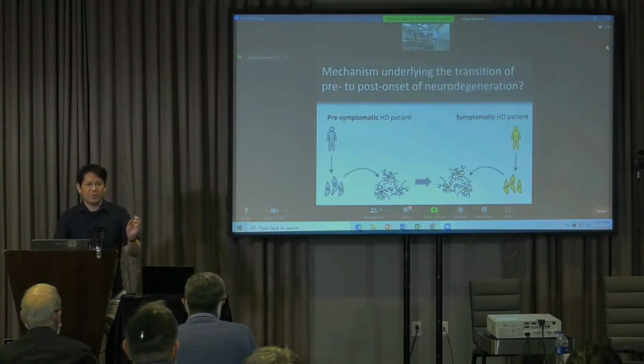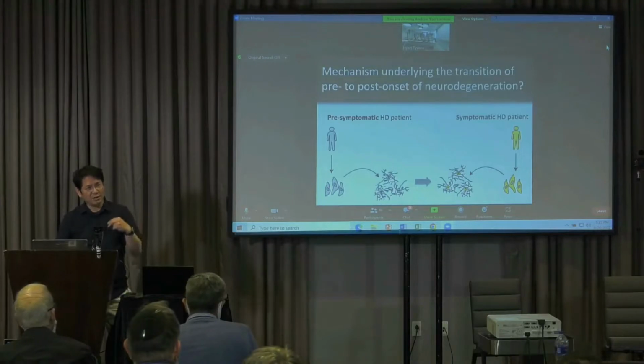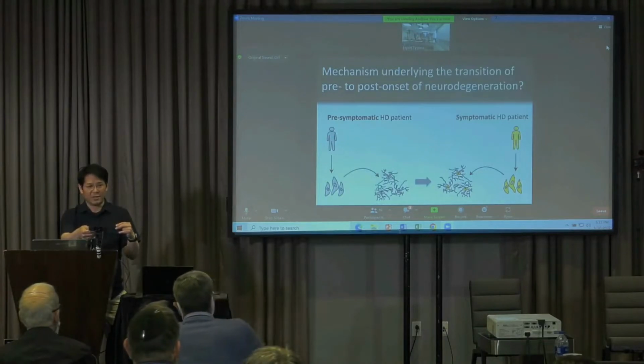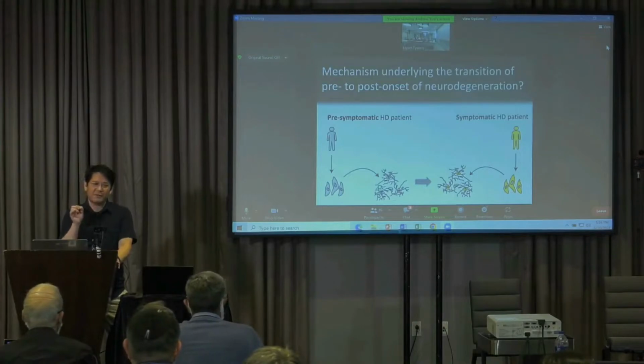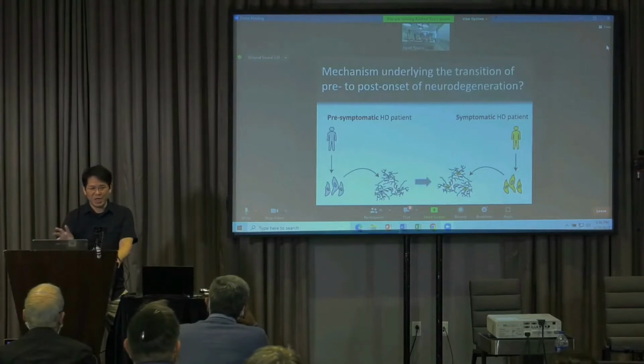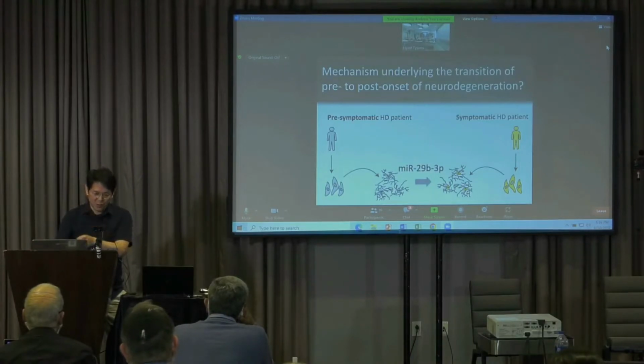So the reduction of autophagy can be fought off by inducing autophagy pathways. Then the question becomes, what are the cell intrinsic properties that are unique to symptomatic HD MSNs? Here's one example: a microRNA called miR-29b-3p.